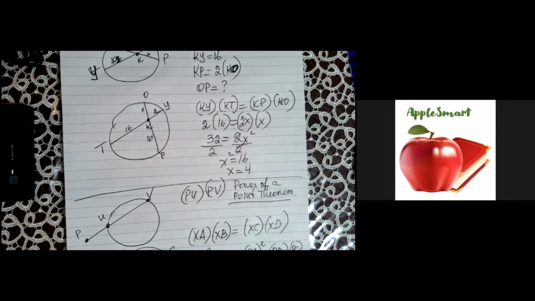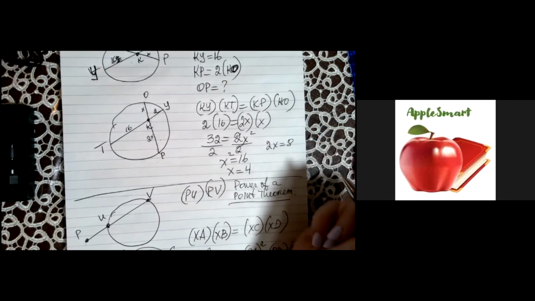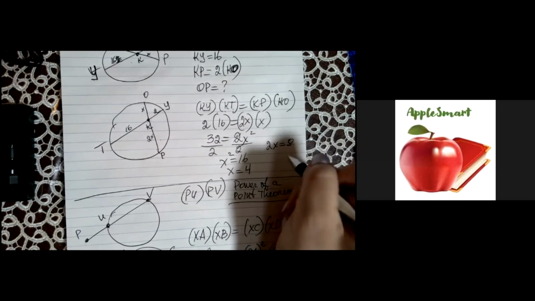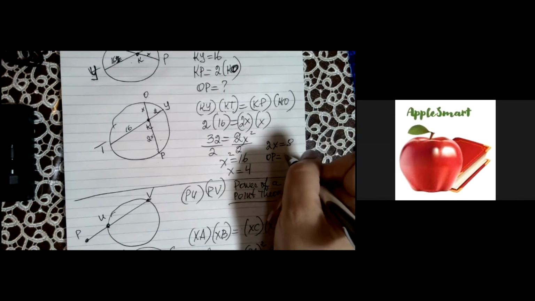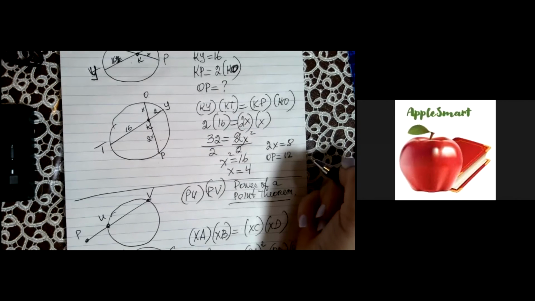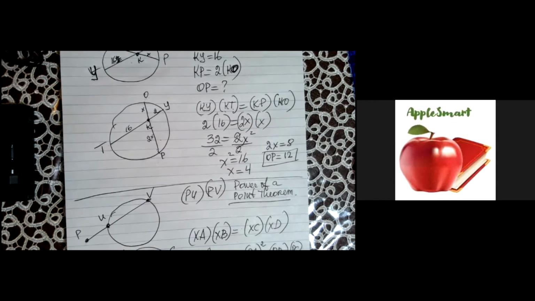So now if X is 4, then 2X is 8. And the whole length of OP is 4 plus 8, or 3X, so it's 12. I don't remember if it was in centimeters or without units. Without units. So OP will be 12. Questions? No questions?